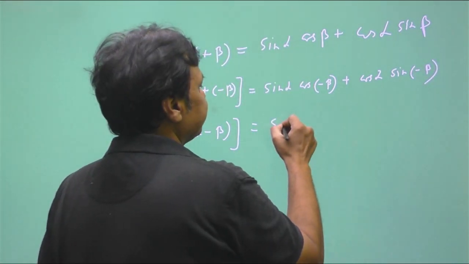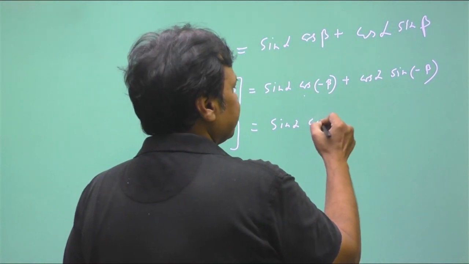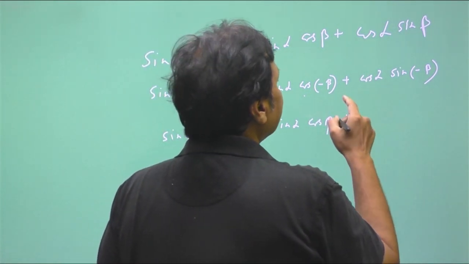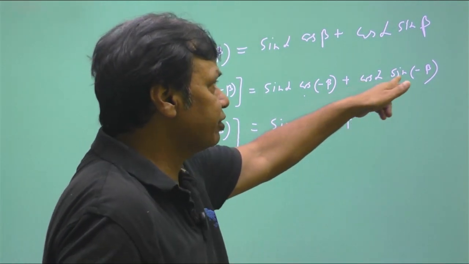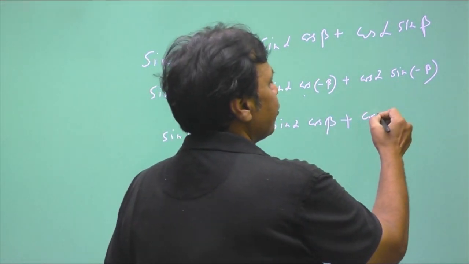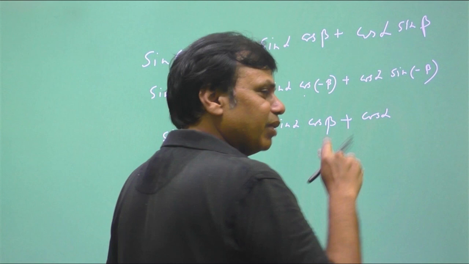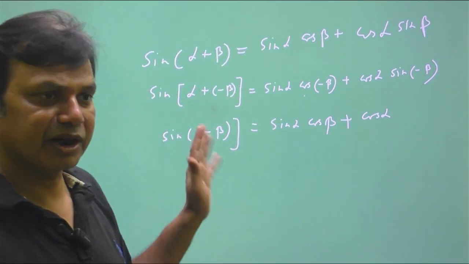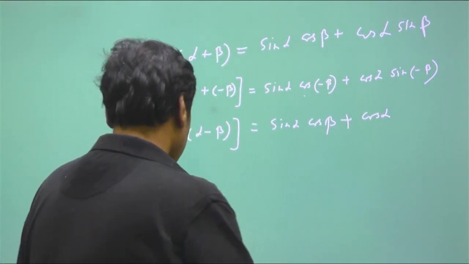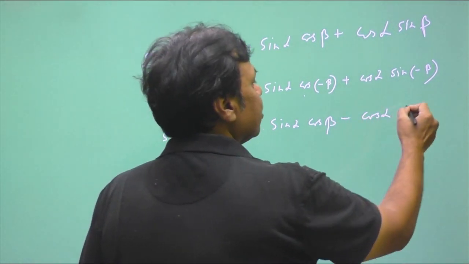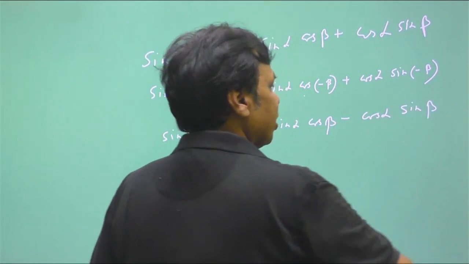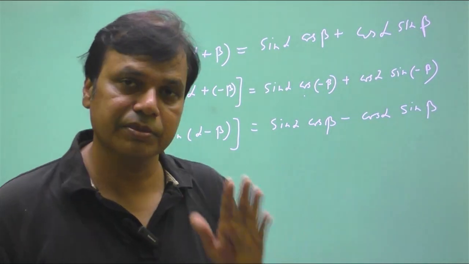This will be sin alpha cos minus beta, which is cos beta, plus cos alpha multiplied by sin minus beta, which is minus sin beta. So we need to change the sign here, and it will become like this.